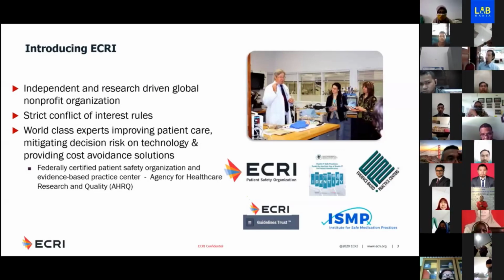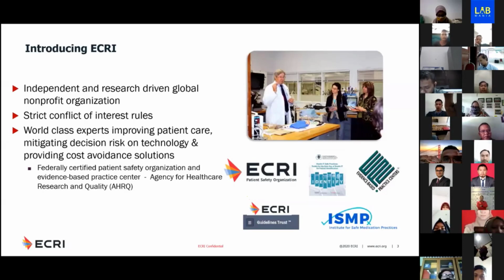So I'm from ECRI, and so we are an independent research-driven global organisation. Okay, jadi office saya kat Kuala Lumpur, Malaysia. Tapi head office kita di US. Jadi segala research dan development yang kita buat berkenaan dengan medical devices atau peralatan perubatan ni dilakukan di lab di office di US dan juga office kita di Kuala Lumpur.